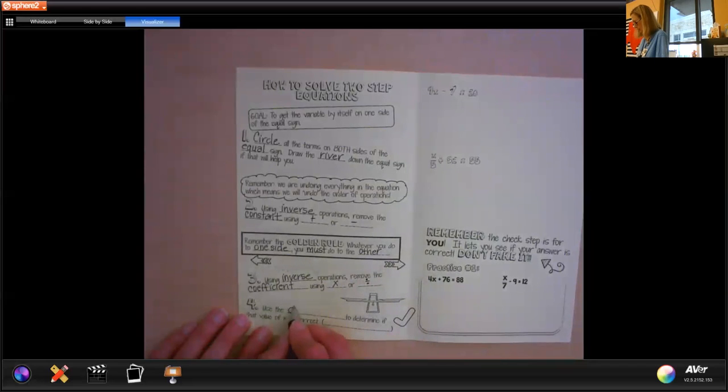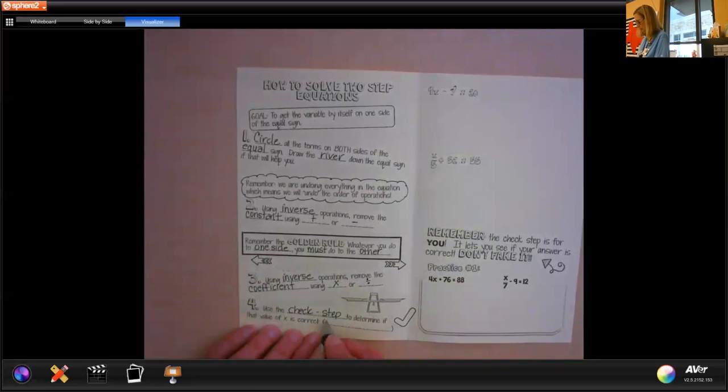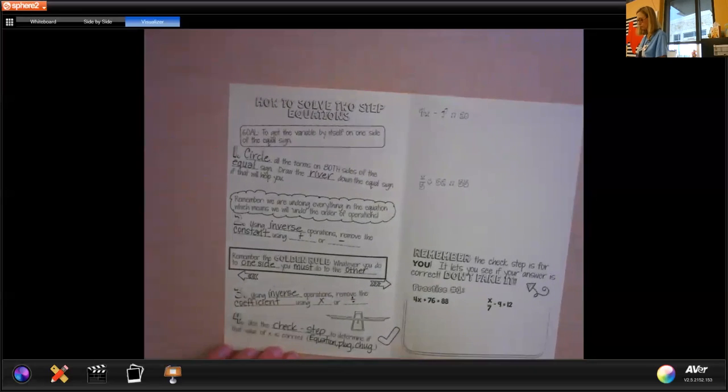We use the check step to determine if that value of x is correct. So we take the original equation, we plug in the value of the variable, and then we solve to make sure that we have the correct value of the variable. Let's look at some examples.